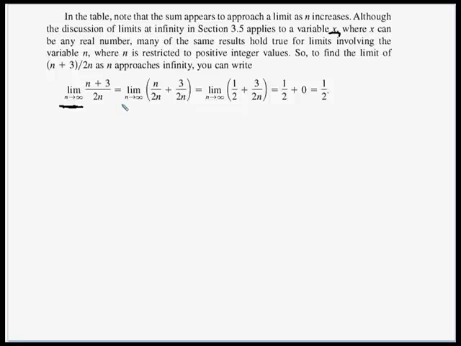We break that into separate pieces. n over 2n is our first chunk, 3 over 2n is our second chunk, and then our n's will cancel out. So we're going to have the limit as n goes to infinity of 1 over 2 plus 3 over 2 times n. And now we let the limit be applied. Let n go to infinity. So the 1/2 stays a 1/2. 3 divided by 2 times infinity is 0, and a half plus 0 is a half.